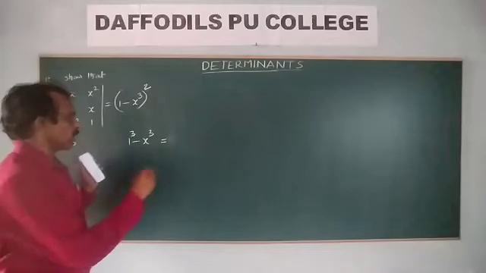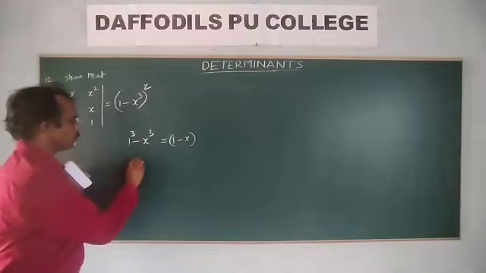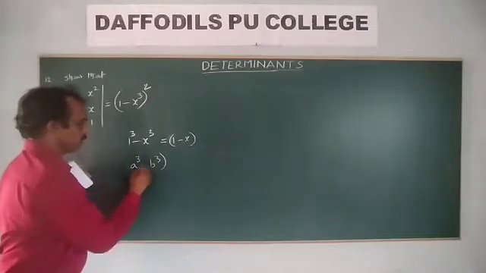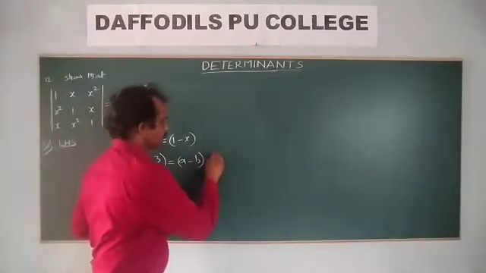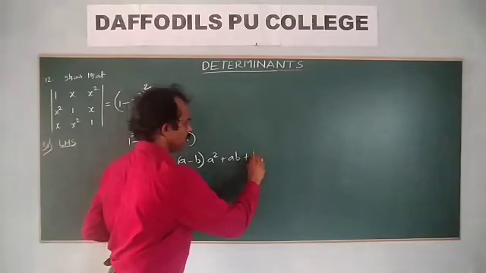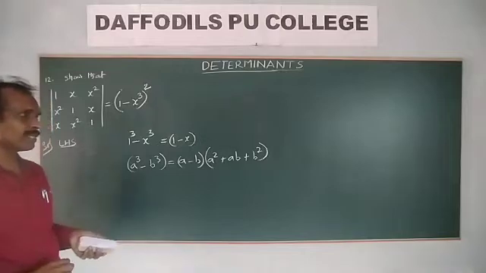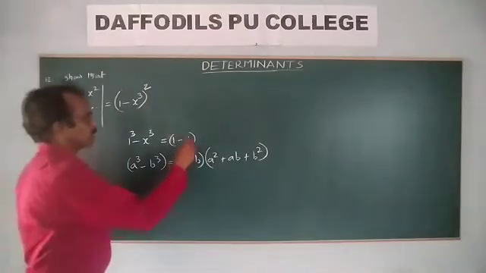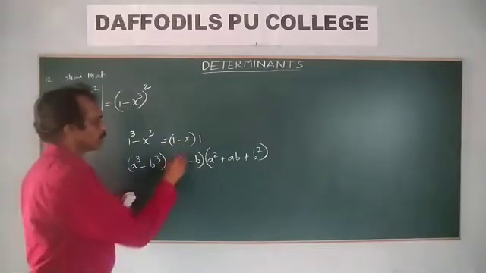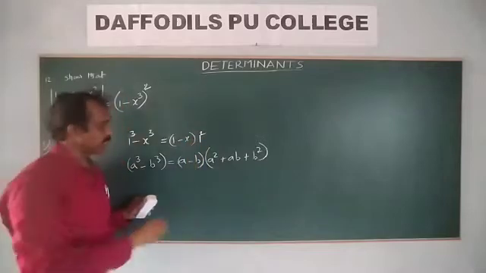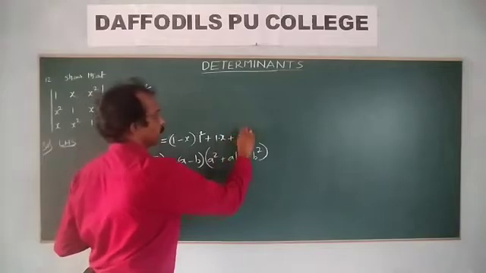The a cube minus b cube formula: a cube minus b cube is equal to a minus b of a square plus ab plus b square.